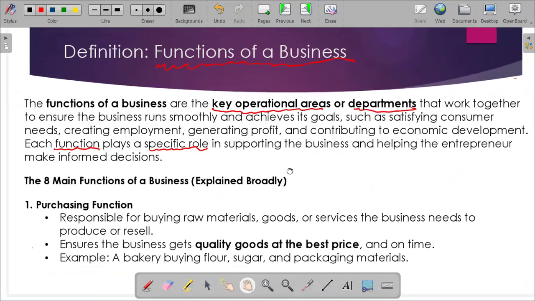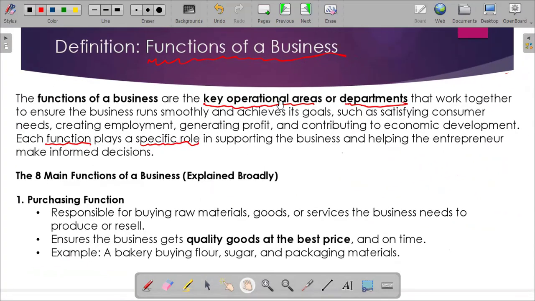What do these roles do? Firstly, in supporting the business. And secondly, in helping the entrepreneur make informed decisions. Remember, we were talking about calculated risks.